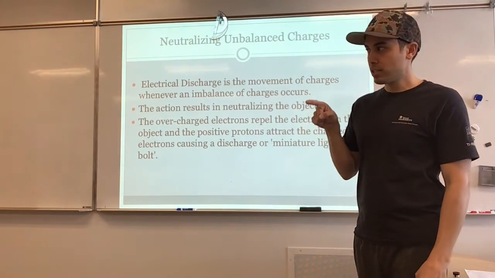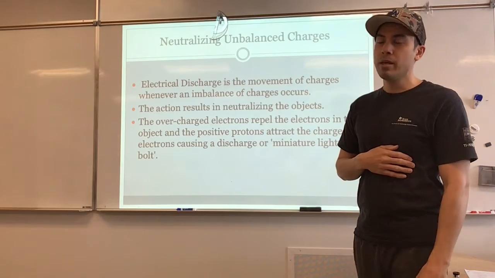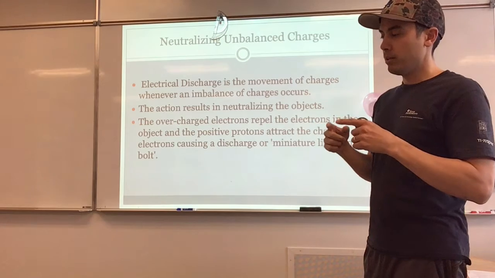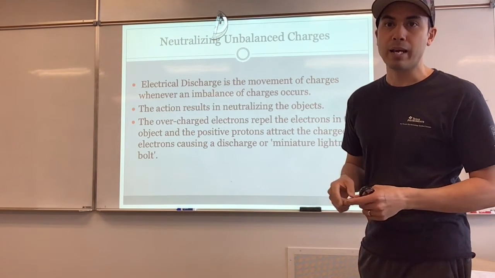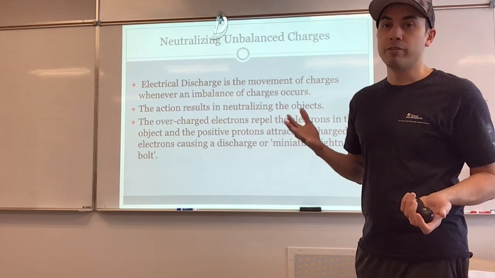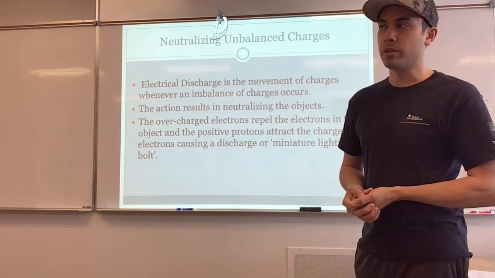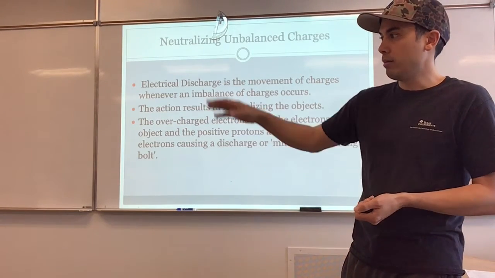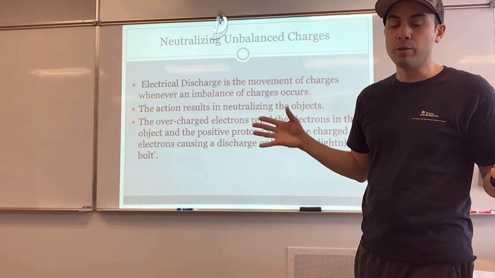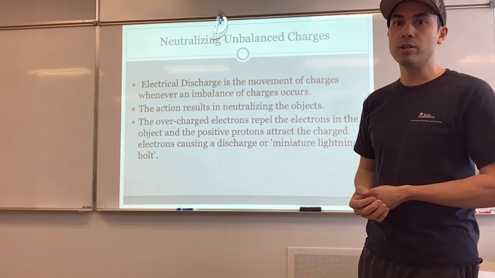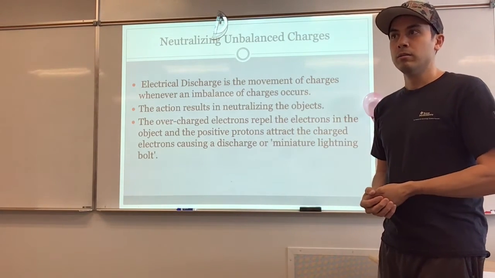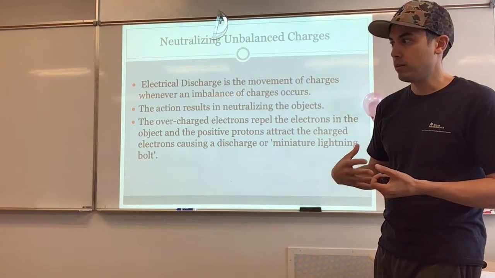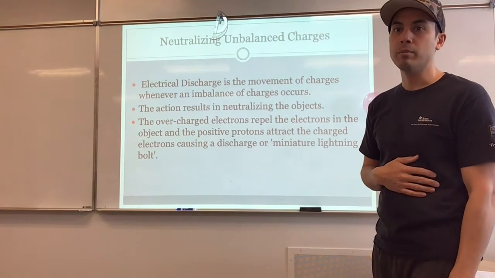When that spark comes from your finger and hits the doorknob, that's called an electrical discharge, and we get a neutralization happening. The chemicals in our bodies, the metal doorknob, and the metal door frame would rather be electrically neutral, and electrons will always move in such a way that the atoms that make up those materials can become neutral.